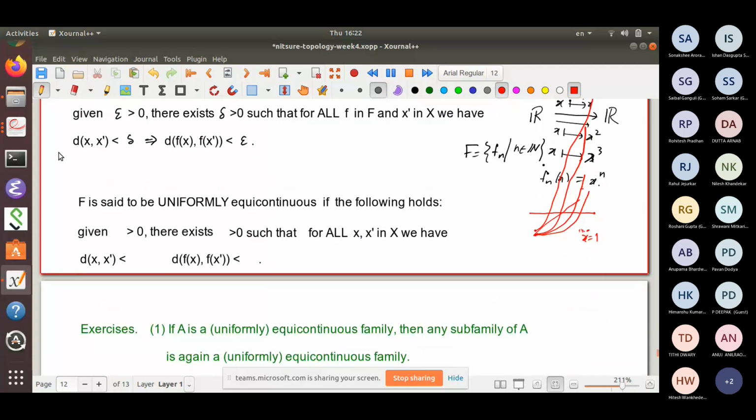Okay, there is none. Now I'll introduce a double uniformity. So that's called uniformly equicontinuous if both things happen.